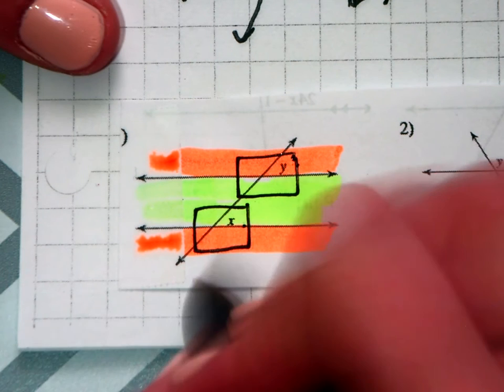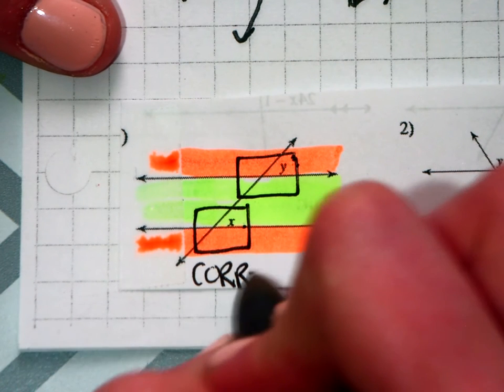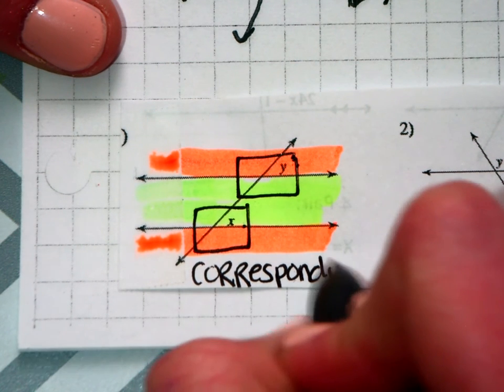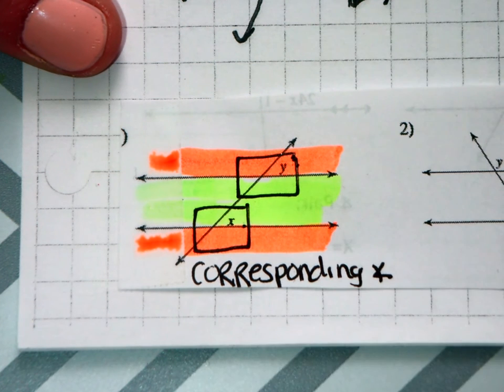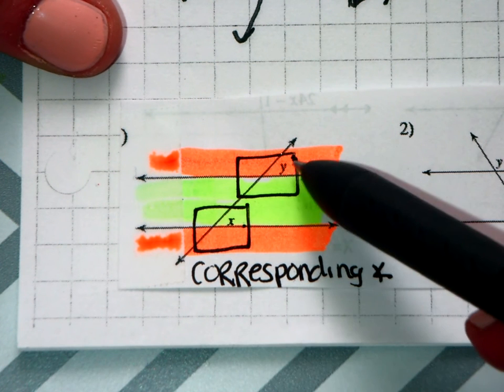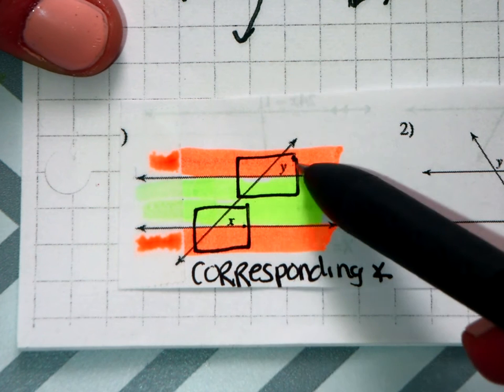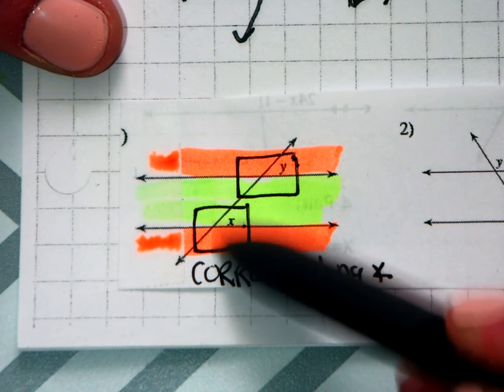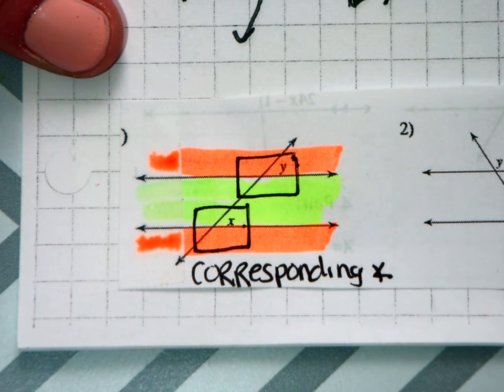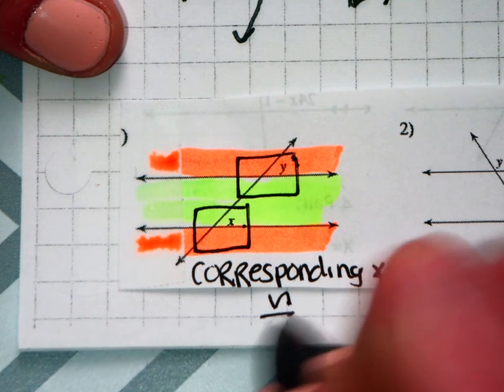This is referred to as corresponding angles. Corresponding angles are in different groups, but within their group they're in the same position. So angle Y is in the upper right-hand corner, angle X is in the upper right-hand corner. When the lines are parallel, those angle pairs are congruent.